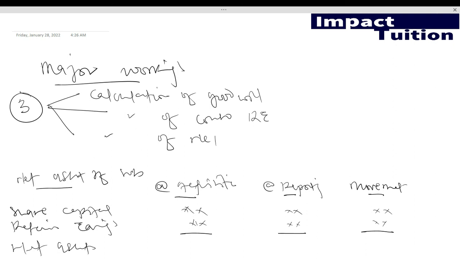These give us the net assets at acquisition, and then at reporting, and then the movement.